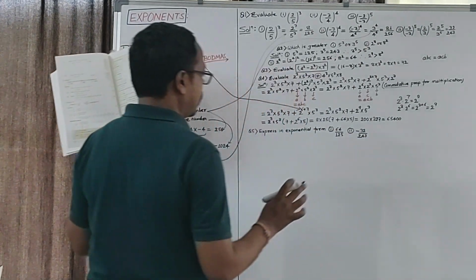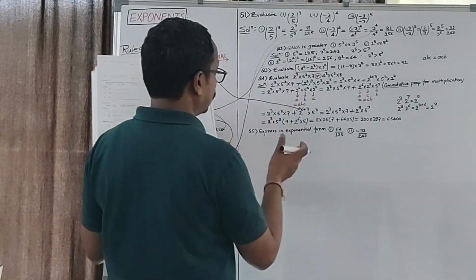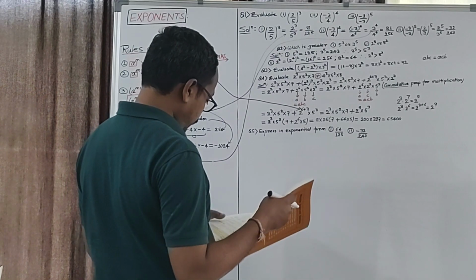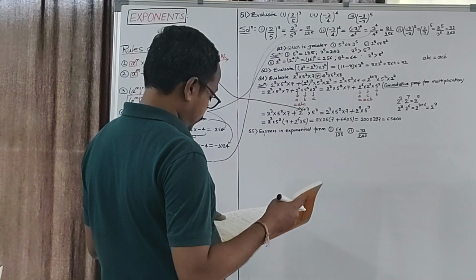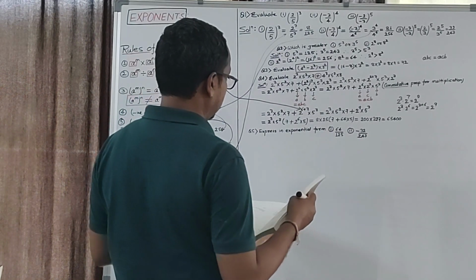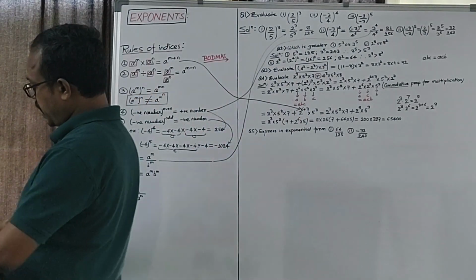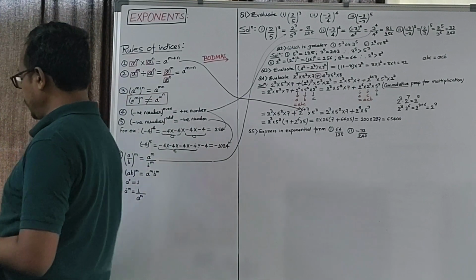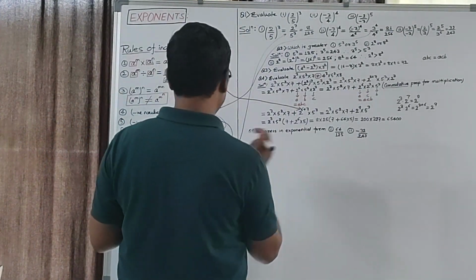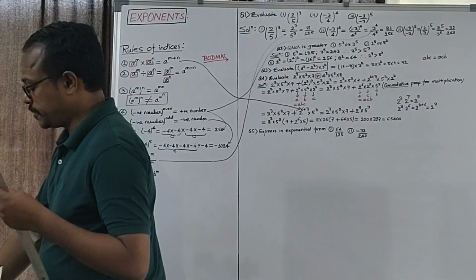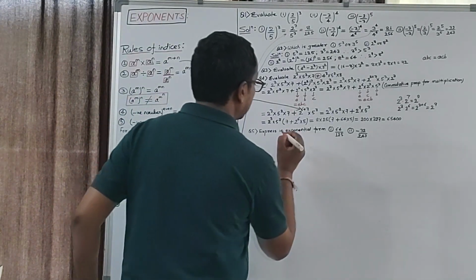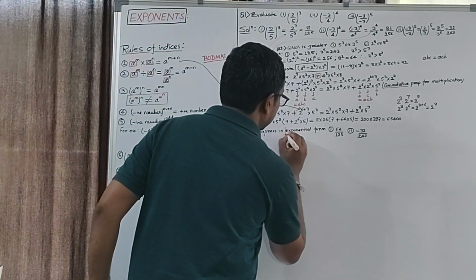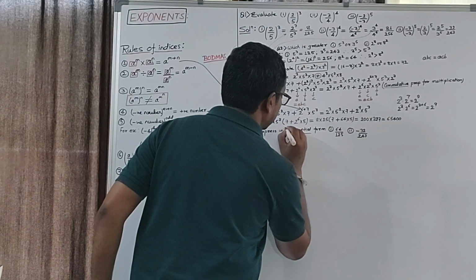As I said, after noting down the question, we should match it again. 64 upon 125, minus 32 upon 243. Both these parts we have to express in exponential form. Here is something which you should observe carefully. This we are going to solve in the exponential form.